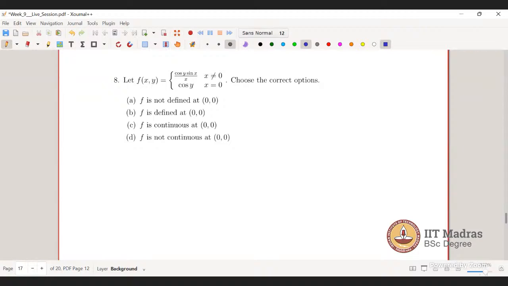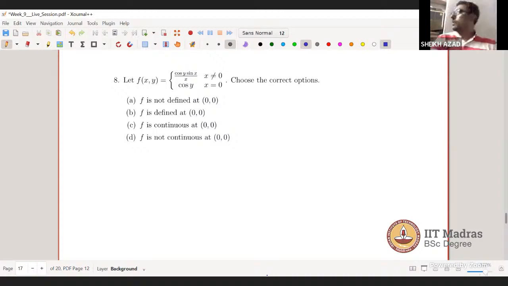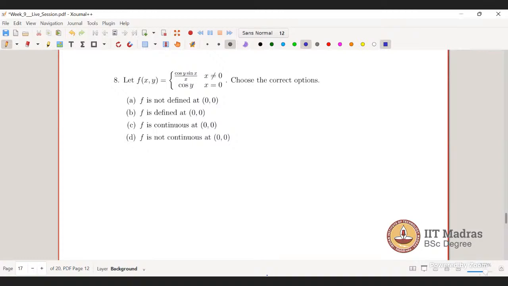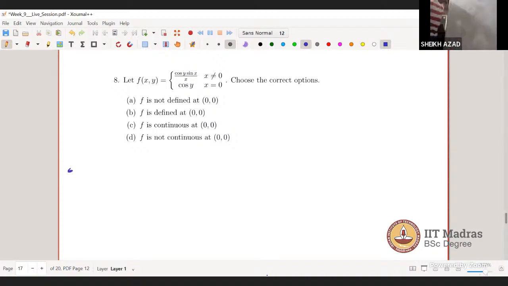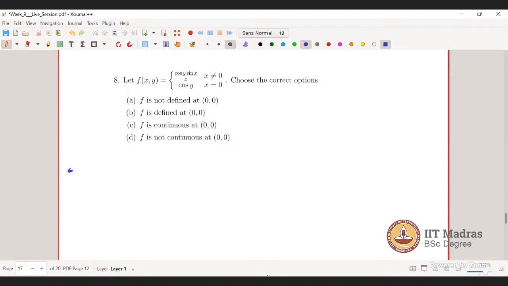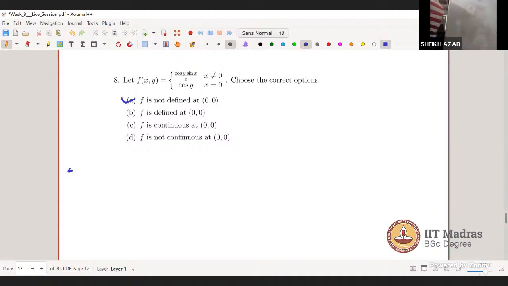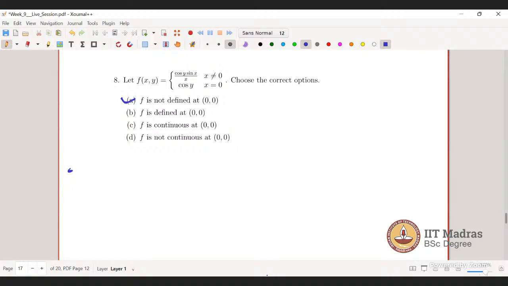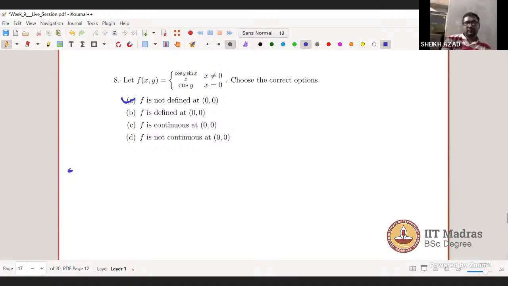So the first option says f is not defined at (0, 0). Whoever is speaking, please mute yourself. So what about option 1, whether it's correct or wrong?